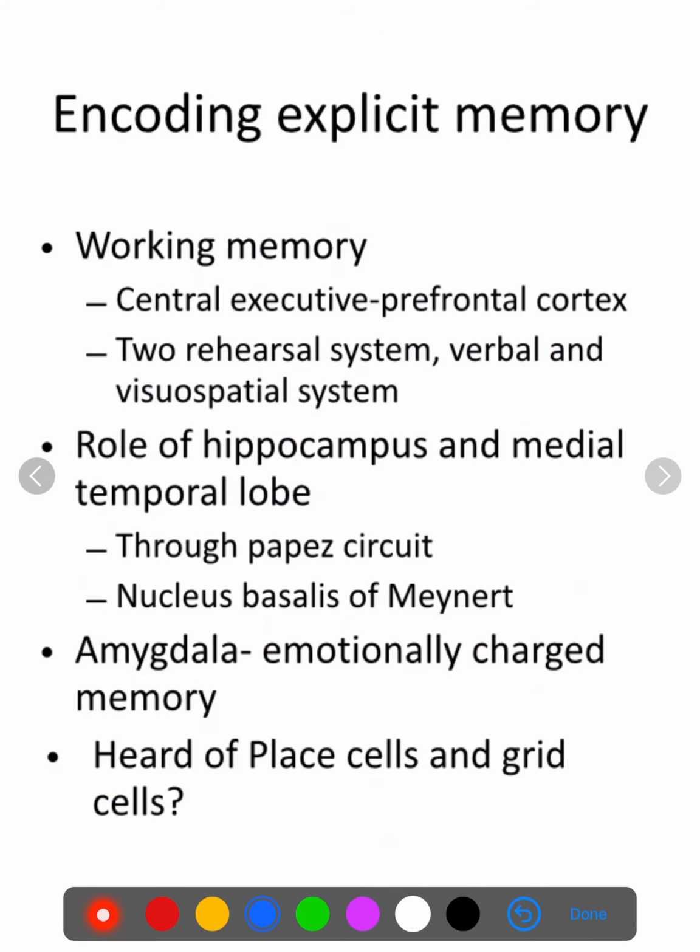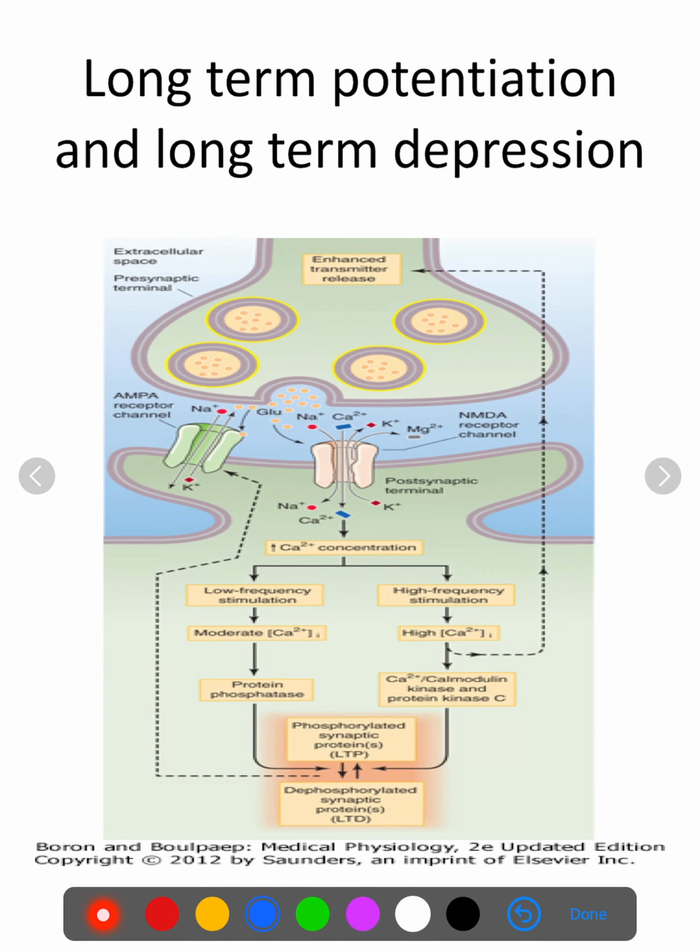So I will explain this mechanism again now. Here, glutamate was released. This is the NMDA receptor, and this is the AMPA receptor. From AMPA, sodium has come. As a result of that sodium, depolarization occurred.